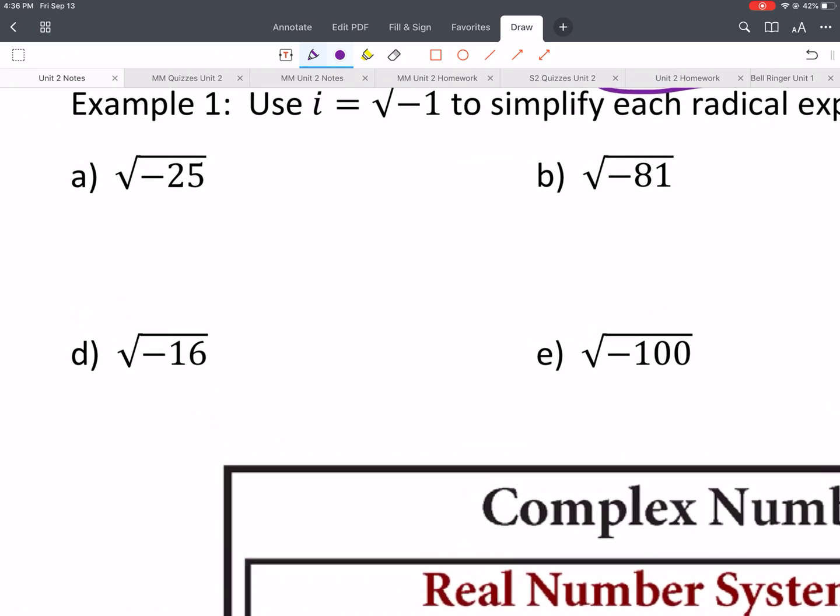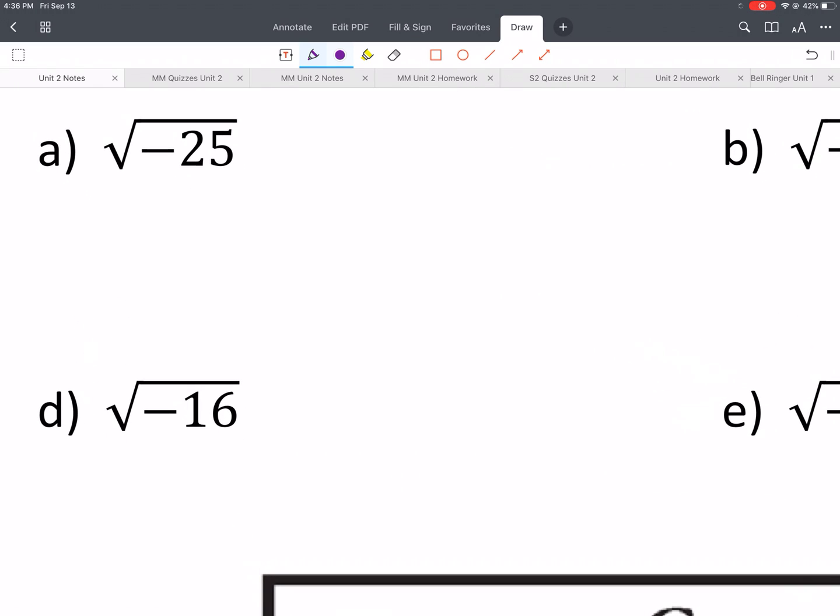Let me explain this, and this is the best way that I can explain it. Would you believe that we could write this as negative 1 times 25 inside of here? So basically we're unsimplifying it. Under multiplication and division only, can we separate these?